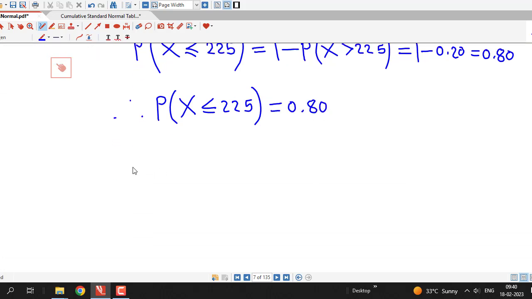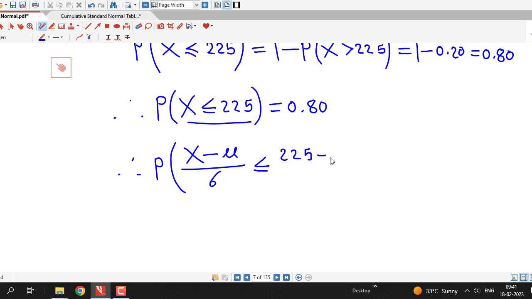Now we standardize this random variable capital X. So we subtract mean mu and divide by standard deviation sigma on both sides of this inequality. 225 minus mu over sigma, this is equal to 0.80.